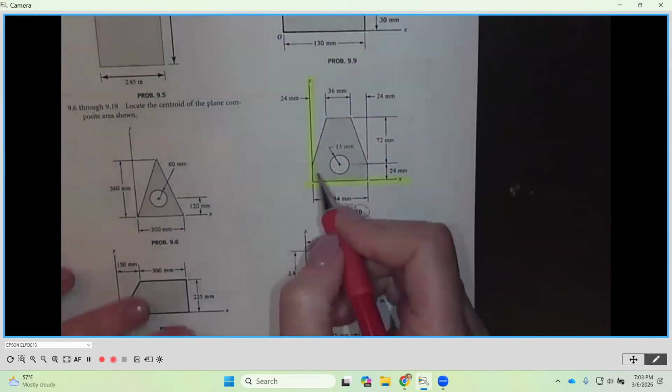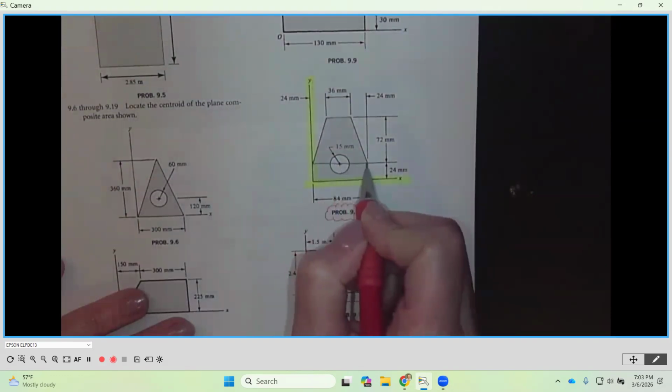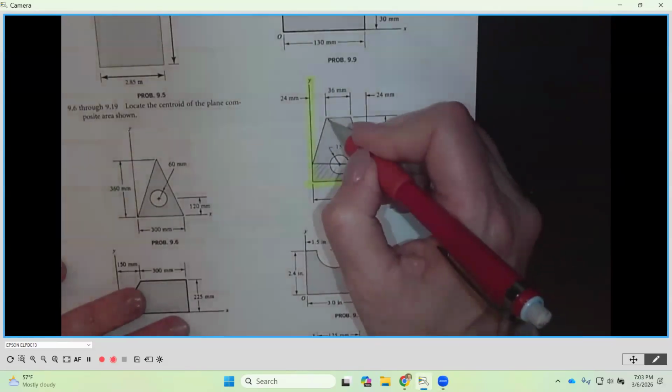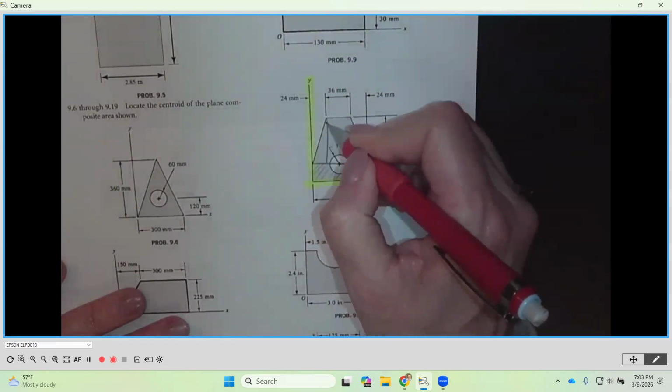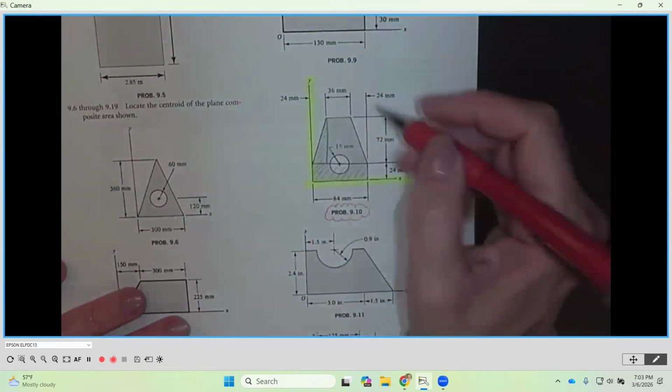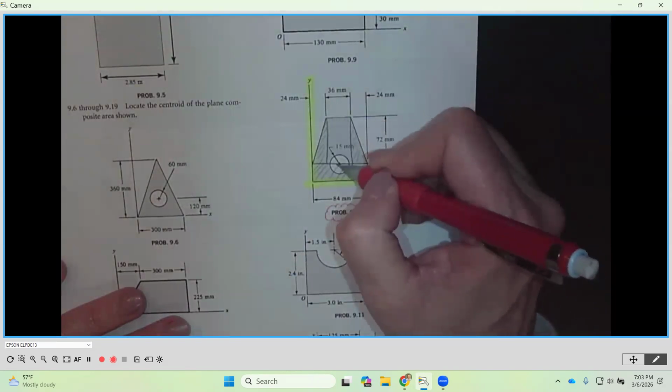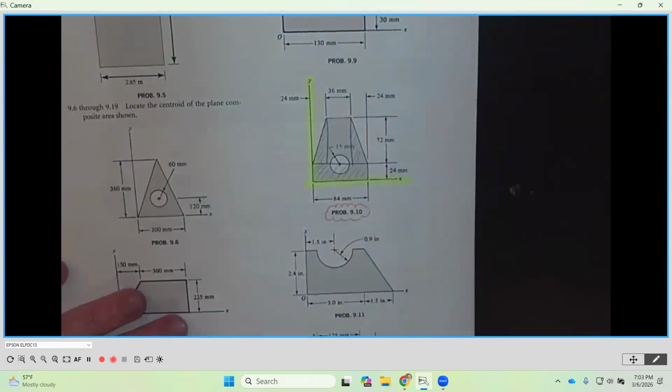Now, for this problem, the simple shapes. You could break this up differently if you wanted to, but how I would do it is, right here, you have a rectangle. I'm not going to number them right now. You have a triangle right here, and a triangle right here, and then a rectangle in the middle.